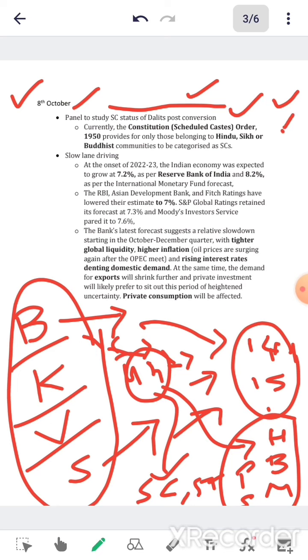What this news article states is that the Constitution (Scheduled Castes) Order, 1950 provides reservation, that is SC status, to those belonging to Hindu, Sikh or Buddhist communities. From the mains perspective, we need to study the arguments given by the government and the arguments given by scholars or people against this.